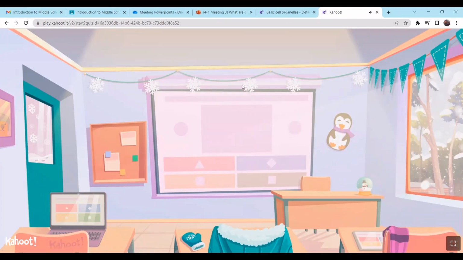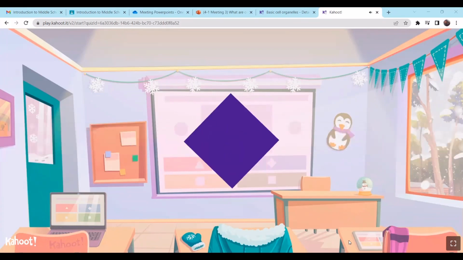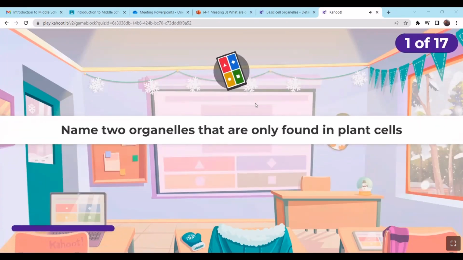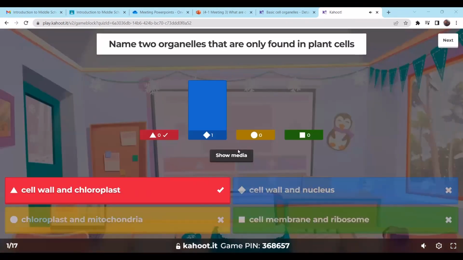So the code is going to be at the bottom of the screen and we can go through that. I'm going to be answering randomly. I'm on my phone right now. Okay. So the answer to this is the cell wall and the chloroplast, because chloroplast is only needed when the plant has to do photosynthesis.